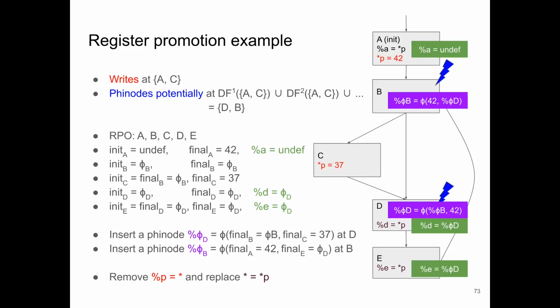Load means nothing in the optimized program. So this is basically what's going on in the register promotion optimization for a simple example here. So this algorithm can be used for more complex control flows as well.